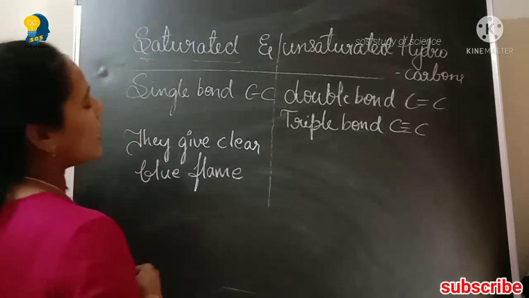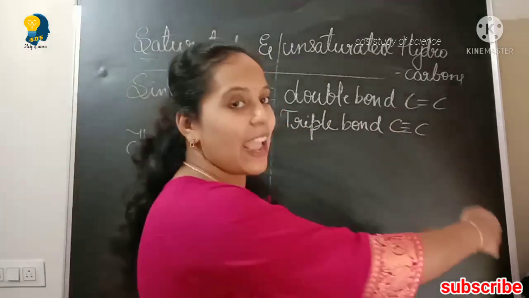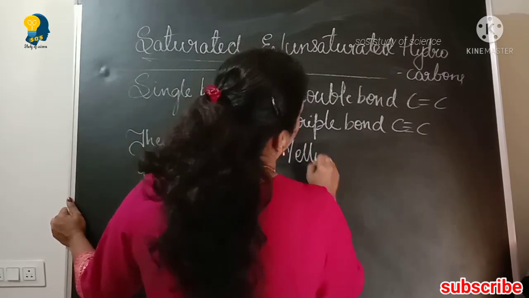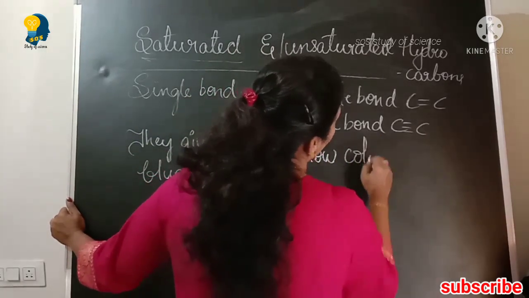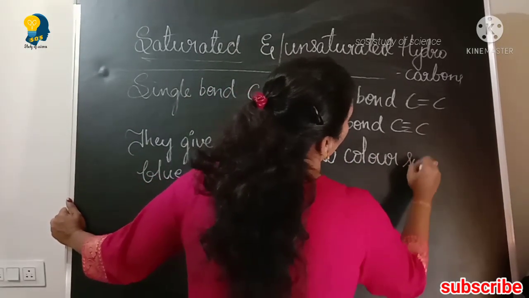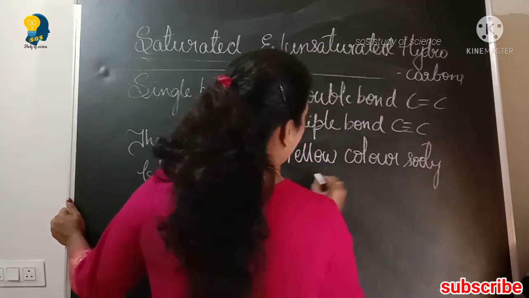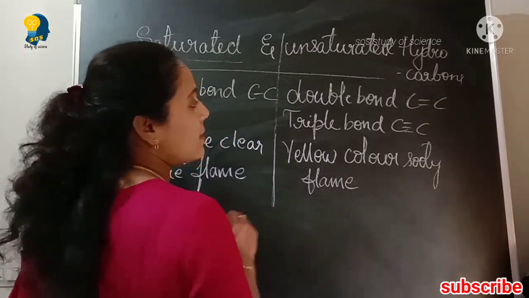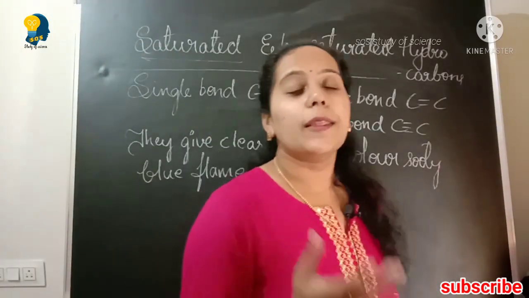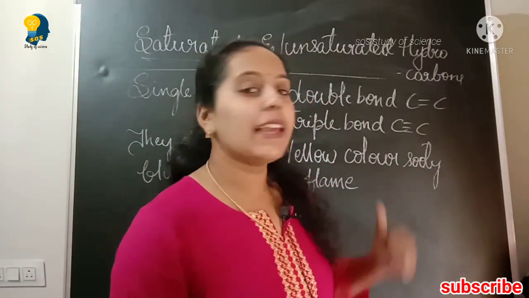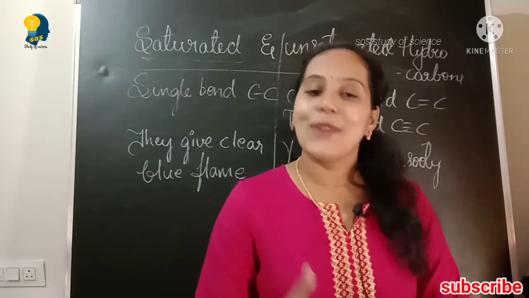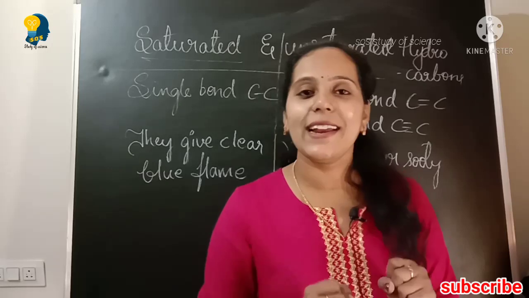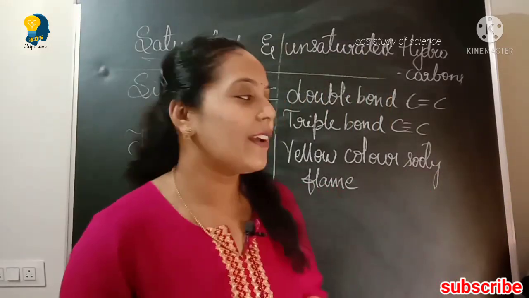What about unsaturated hydrocarbons? When they undergo combustion, they give a yellow colored sooty flame. This is how we can differentiate between saturated and unsaturated hydrocarbons.